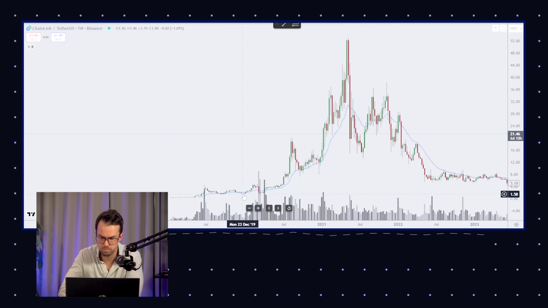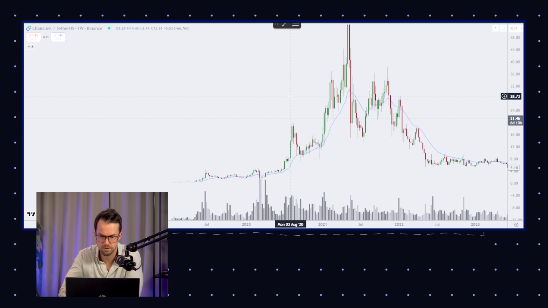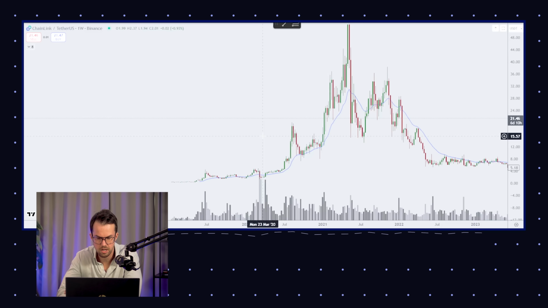But from there, it went from $2 all the way towards 52, which is a 25x for that particular asset. But you can see that in between, we have very harsh corrections taking place. And you can't even see the corrections that have been happening within a week, because those happen as well.